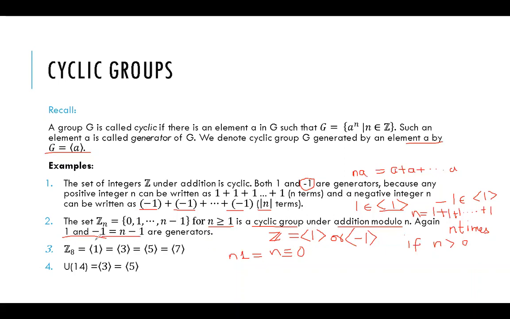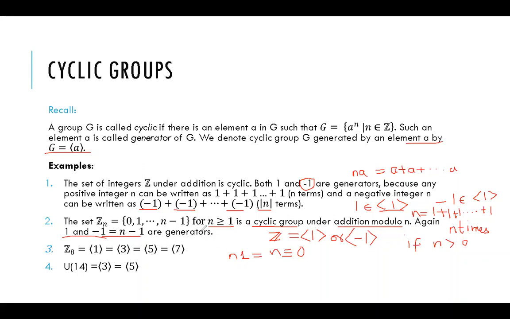Similarly, -1 is congruent to n minus 1, according to the congruence relation defined on the set of integers. So that is why n minus 1 is also a generator of this set Zn.